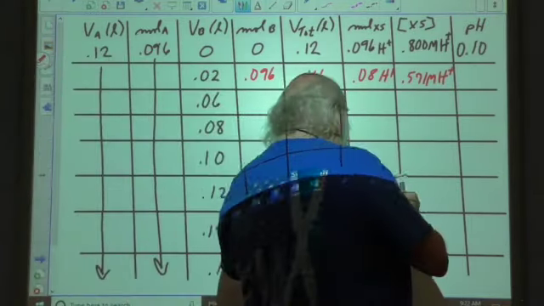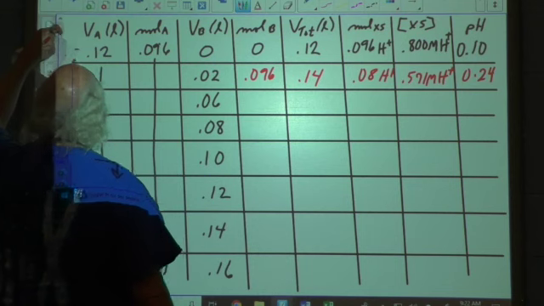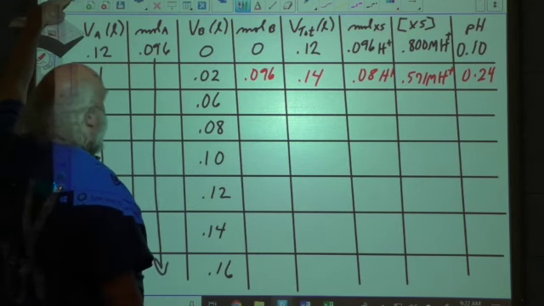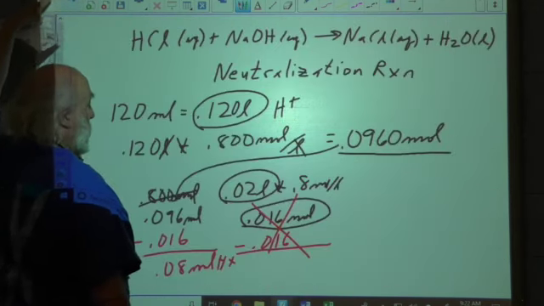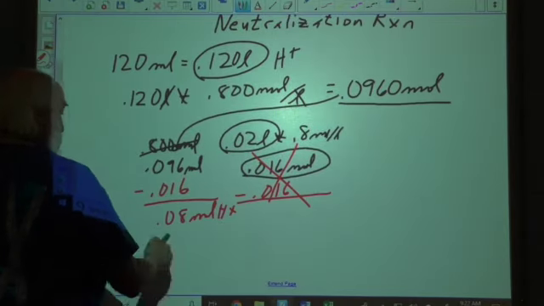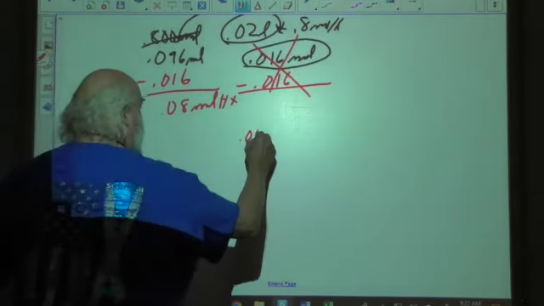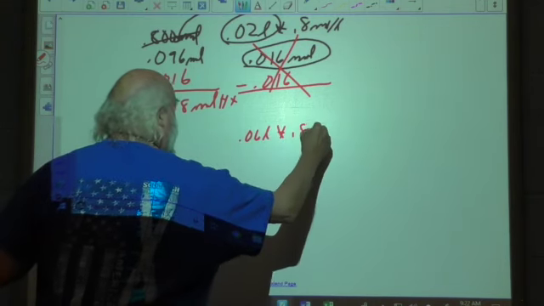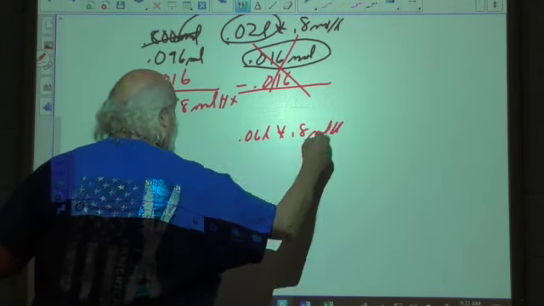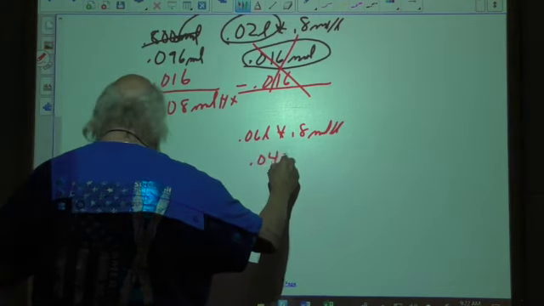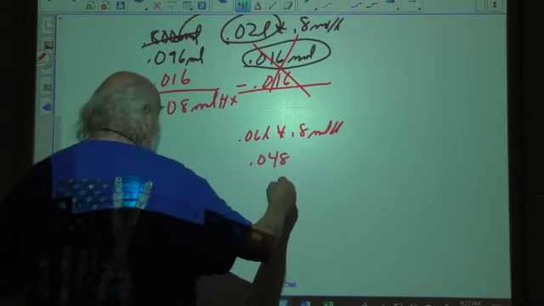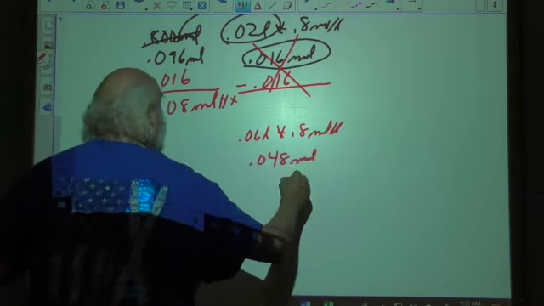Okay? So now, we go to 0.06 liters for the reaction. So we got 0.06 liters times 0.8 moles per liter. And this gives us 0.048 moles of base.